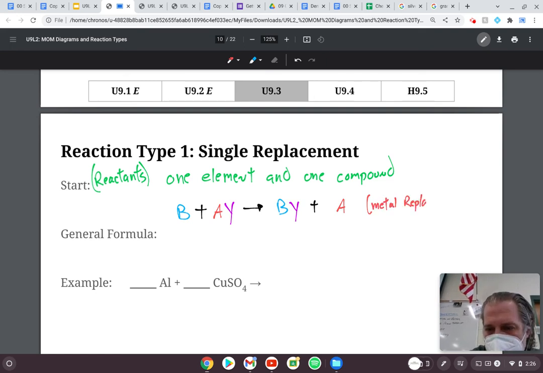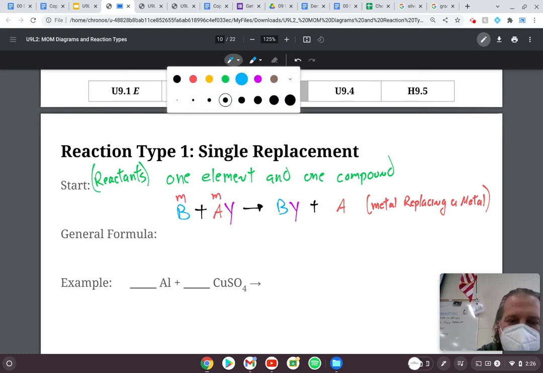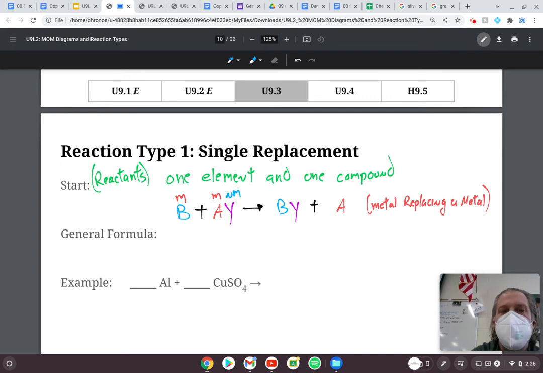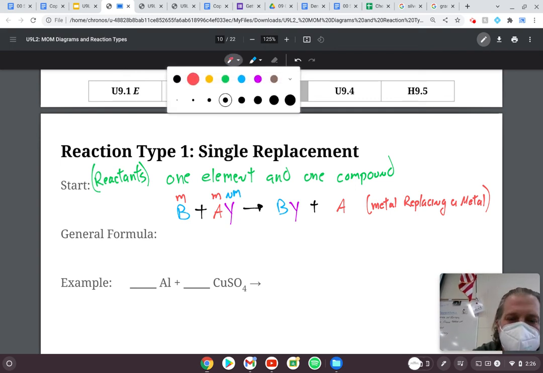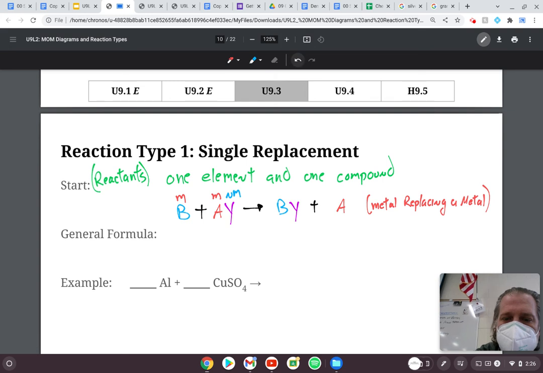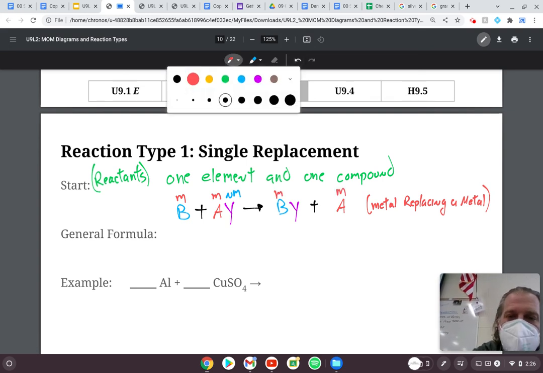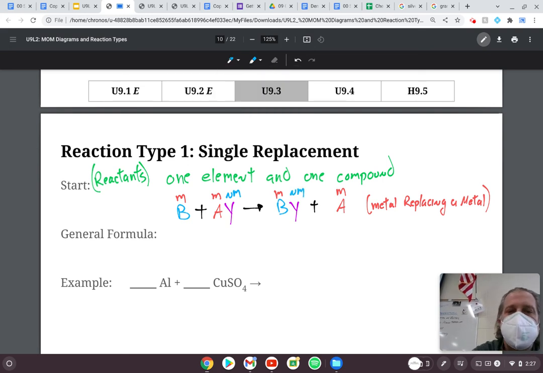replacing a metal. Okay. So, for example, this would be a metal, this would be a metal, this would be a nonmetal. This would be a metal, and this would be a metal, but this would be a nonmetal.